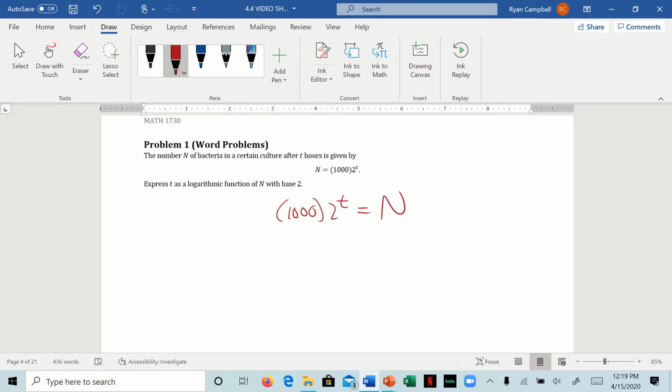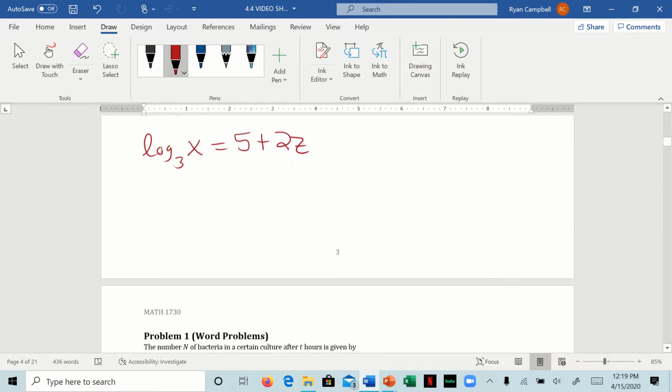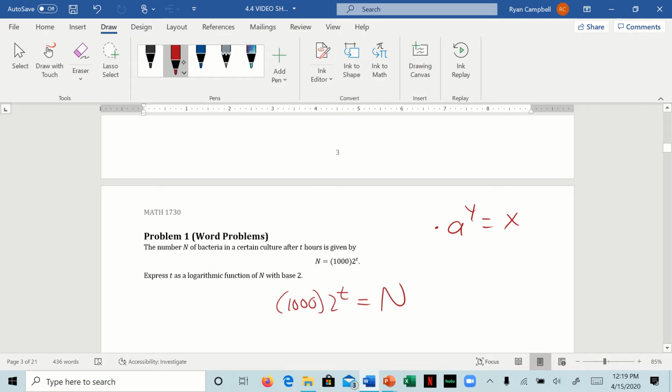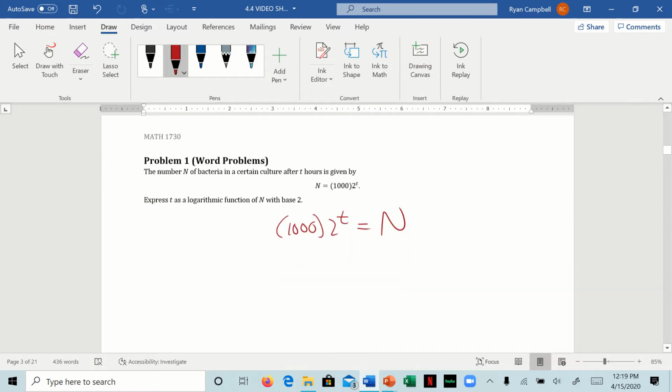But notice, the way this has always worked is we had a raised to the y equals x. We didn't have a number times a power equals x. So we need to make sure to get rid of that multiplication. We can just do that by dividing by 1,000.